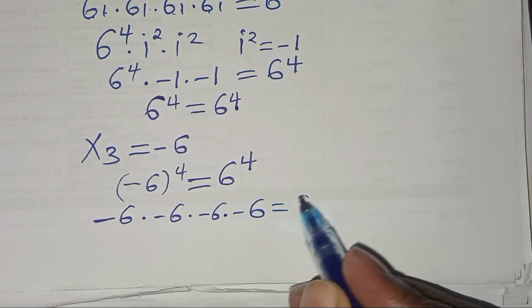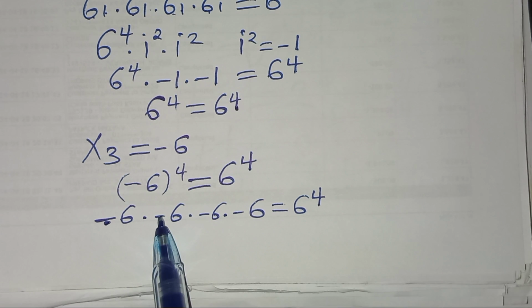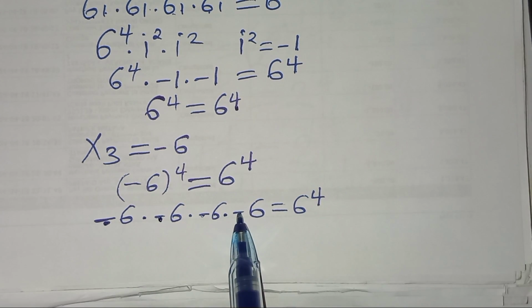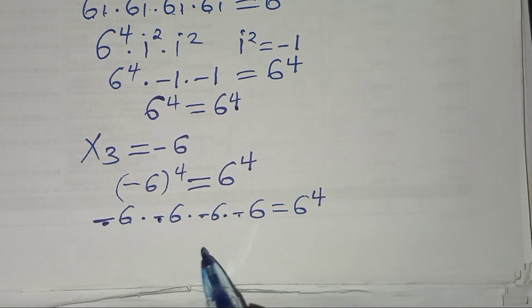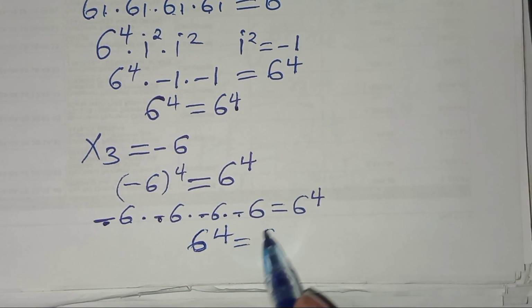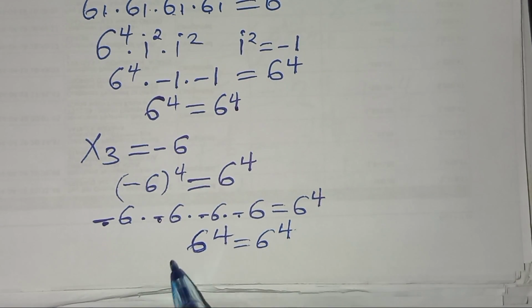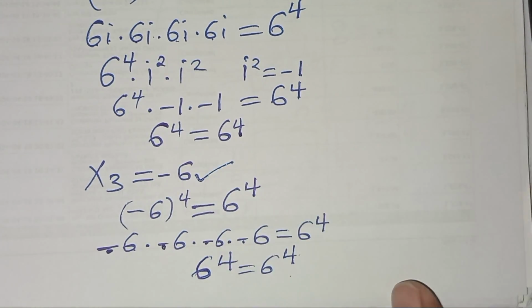This is equal to 6 to power 4. So negative times negative is positive, negative times negative is positive. And then we have 6 times 6 times 6 times 6, this is actually 6 to power 4. And this is equal to 6 to power 4. The left-hand side is equal to the right-hand side. And that shows that x3 satisfies the equation.